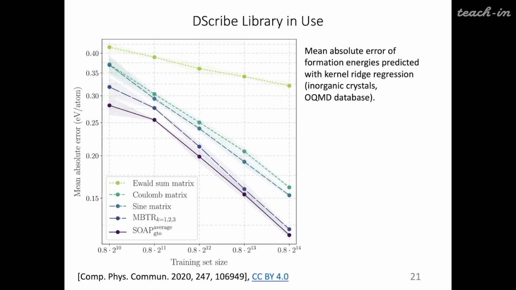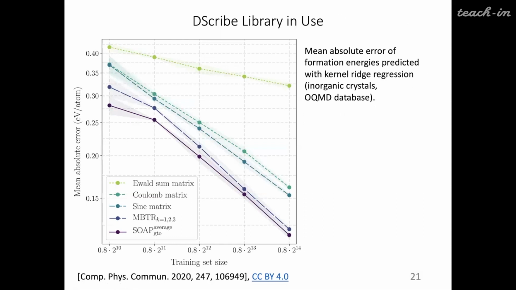And we are basically going to replicate with some minor differences the use cases that were provided by the authors of this paper. So in this paper, the Dscribe library is presented, and the authors considered machine learning models based on Laplacian kernel ridge regression for prediction of formation energies.